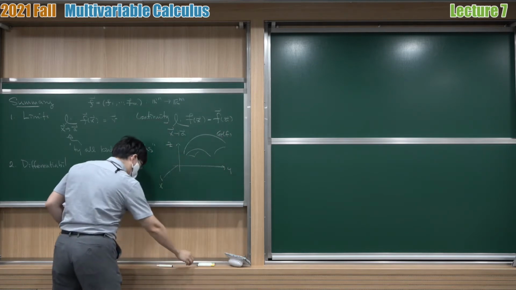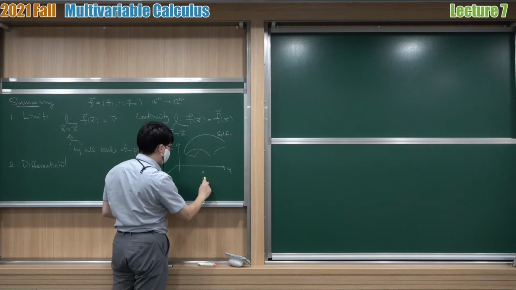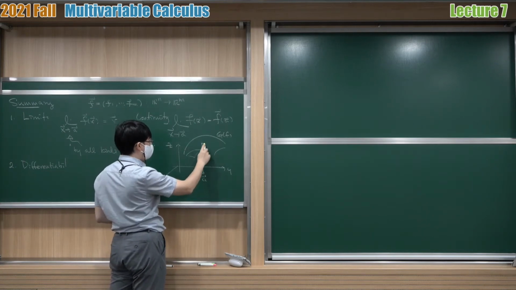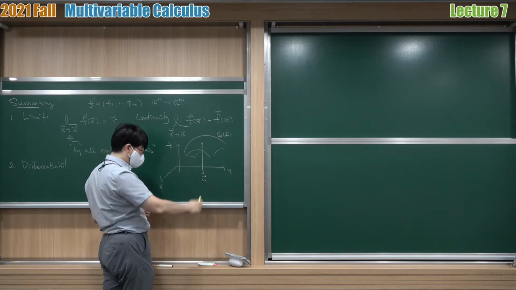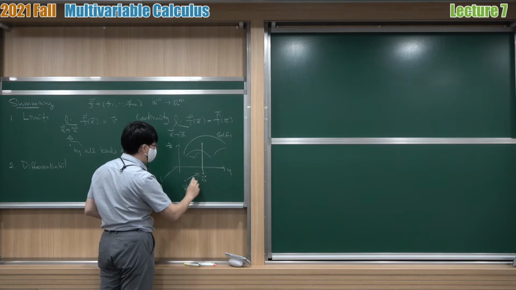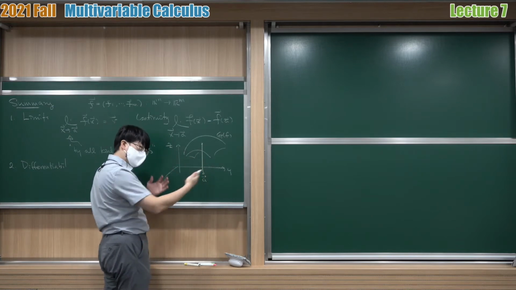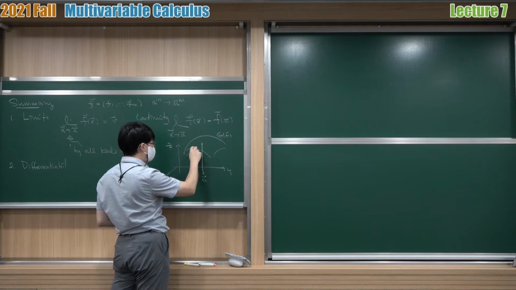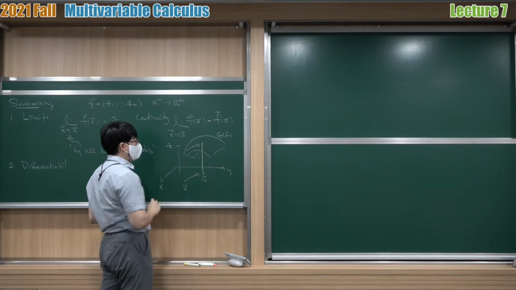Then let's say we have a here in the xy plane, and we have a point on the surface of the graph. If x approaches a, then the trajectory on the surface of the graph should approach the value of the function as z.